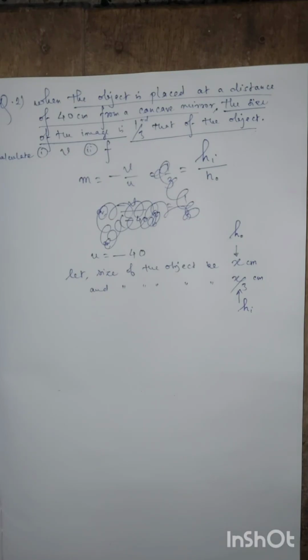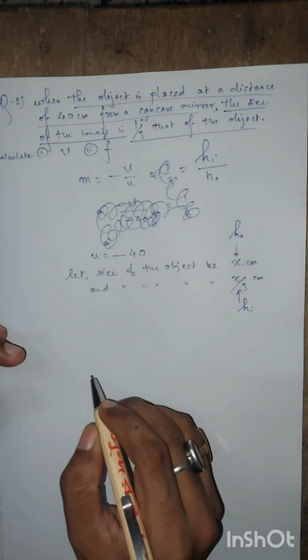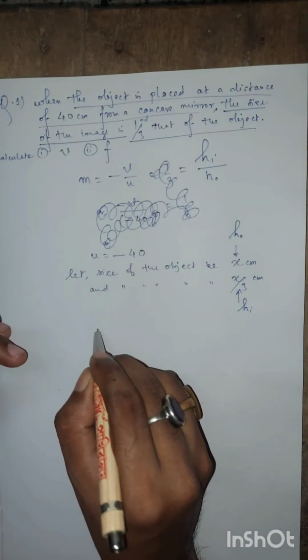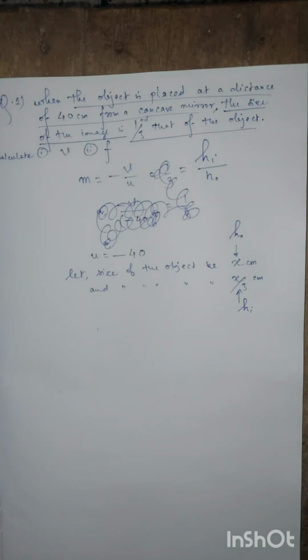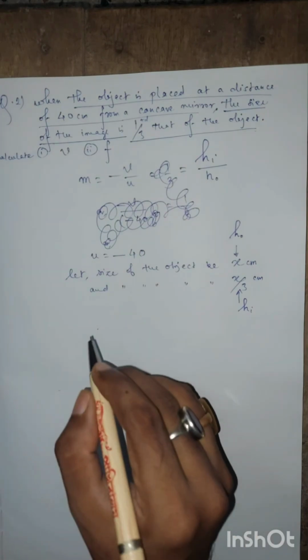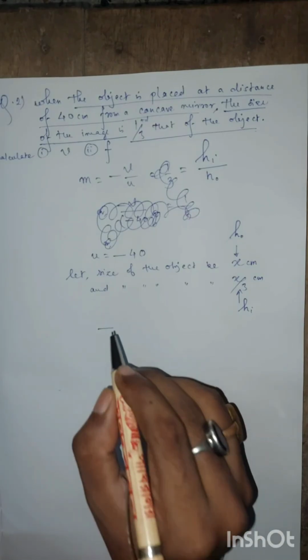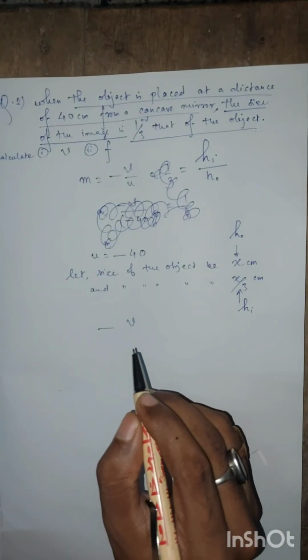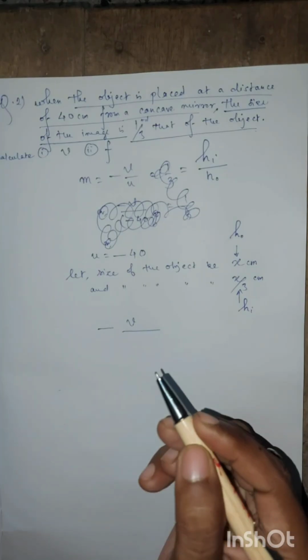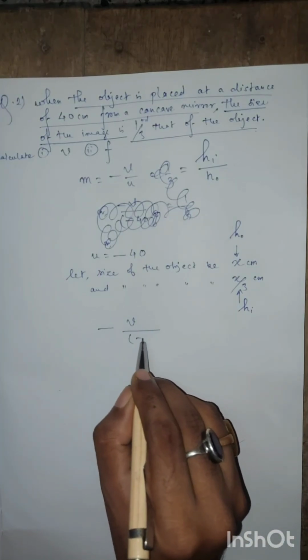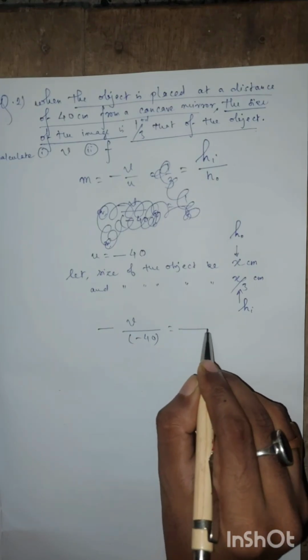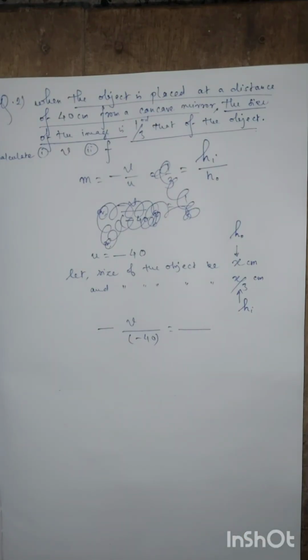Now if we use this relation, we can say minus v, which is not known to us, by u, which is minus 40, is equal to height of image, which is a real image.